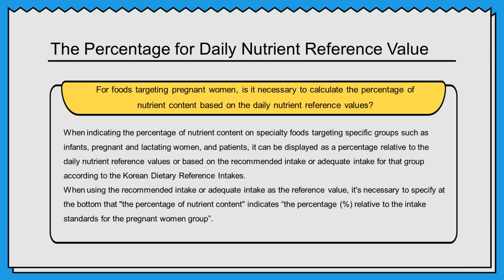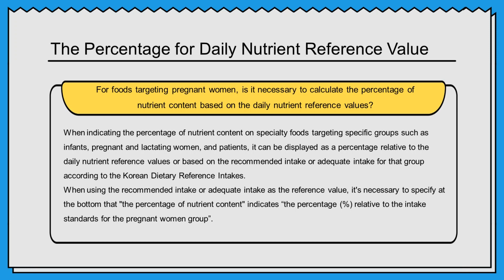For foods targeting pregnant women, is it necessary to calculate the percentage of nutrient content based on the daily nutrient reference values? When indicating the percentage of nutrient content on specialty foods targeting specific groups such as infants, pregnant and lactating women, and patients, it can be displayed as a percentage relative to the daily nutrient reference values, or based on the recommended intake or adequate intake for that group according to the Korean Dietary Reference Intakes.